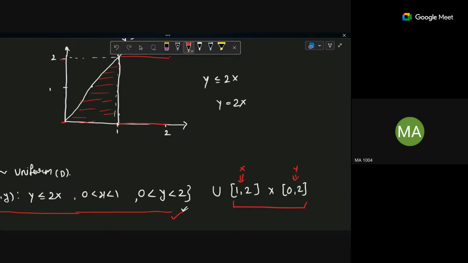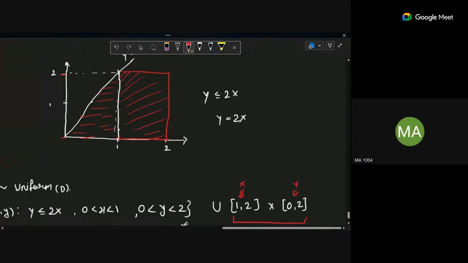For x, it's covering 1 to 2. That means this rectangle. Is it so? So now your required region is this whole D1 plus D2, both.